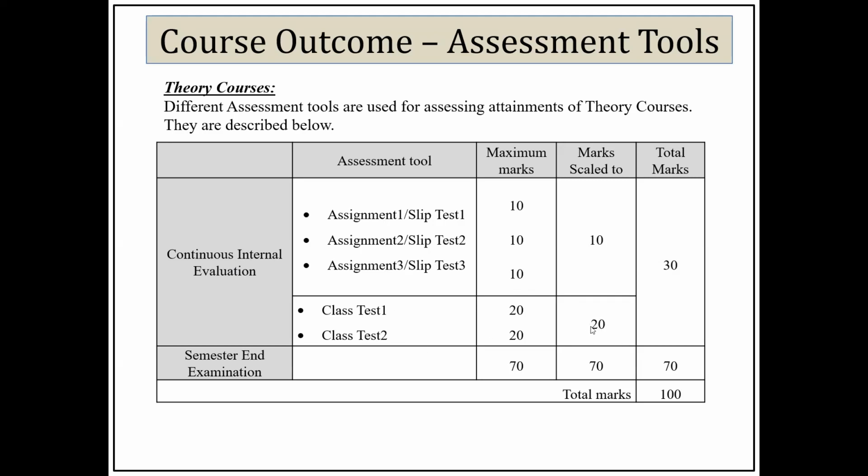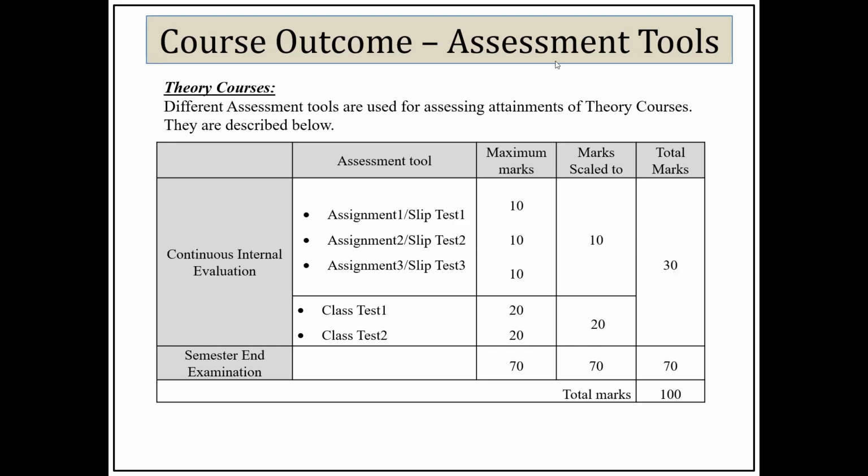So what is this percentage? 20 by 30 is going to give me around 0.667, whereas 10 by 30 is going to give me 0.33. Okay, so that is the weightage. 0.33 or 33% is the weightage of assignments while calculating internal assessment, and 66.7% is going to be the weightage of class test while calculating the CO attainment.